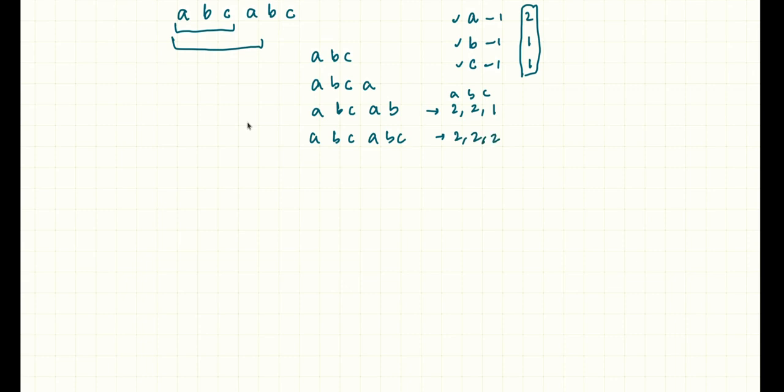The next possible substring is BCA, which contains 1 A, 1 B, and 1 C. The next possible substring is BCAB, which contains 1 A, 2 B's, and 1 C. Again, the next substring is BCABC, which contains 1 A, 2 B's, and 2 C's.